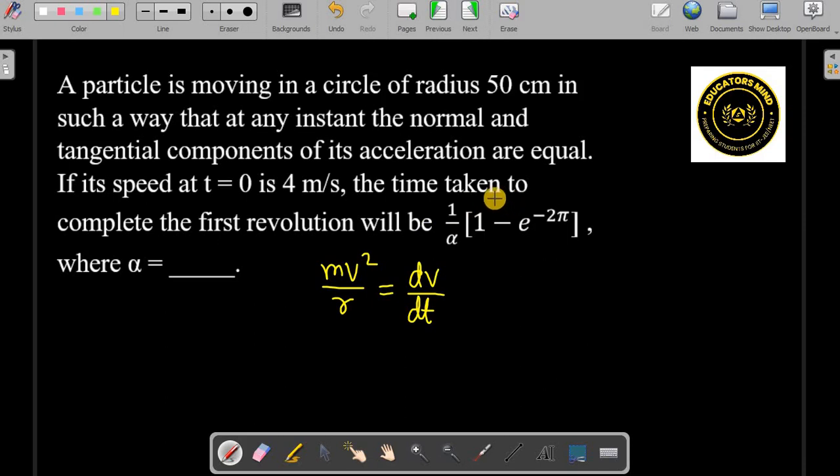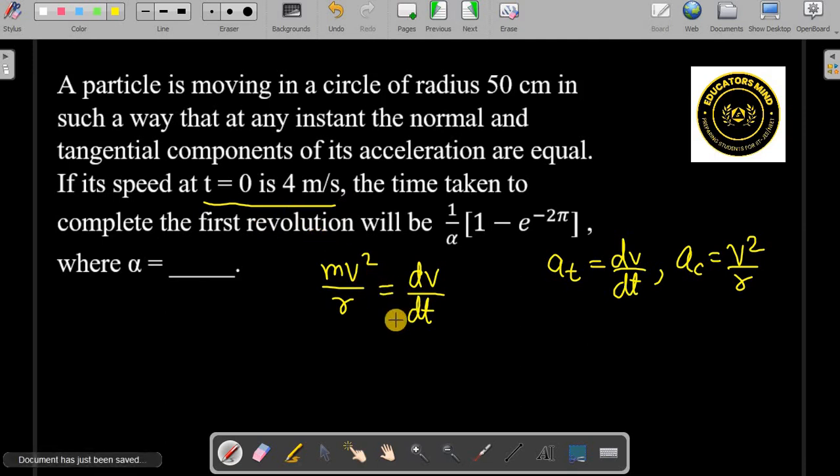Okay, this they have given already. So tangential acceleration is dv by dt and centripetal acceleration is v square by r. R is the radius here. If its speed at time 0, the initial speed, they have given, we need the time taken to complete the first revolution.